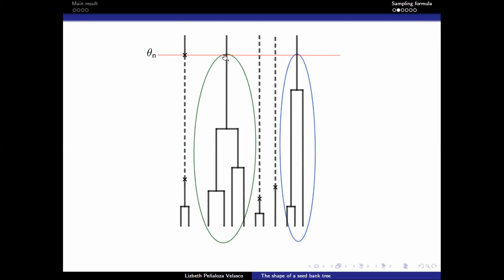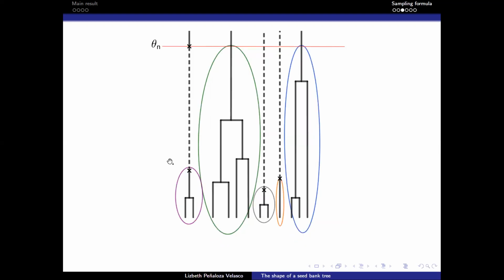So we start with 2 tables with only 1 customer at each table. So if 1 customer sits at the same table, it means that we have a coalescence. Or if 1 customer opens a new table, it means that 1 plant becomes a seed.